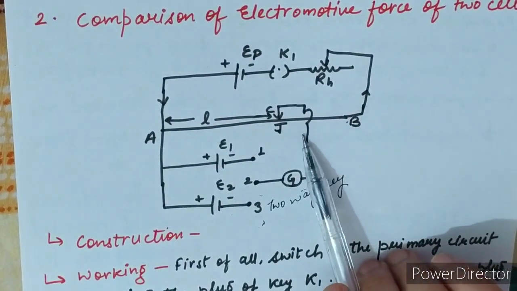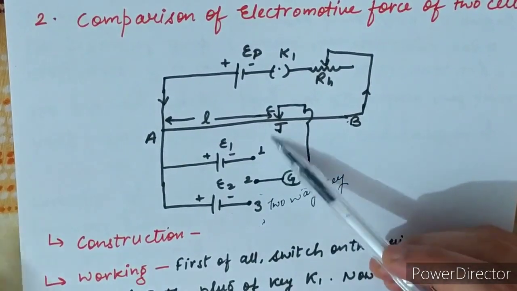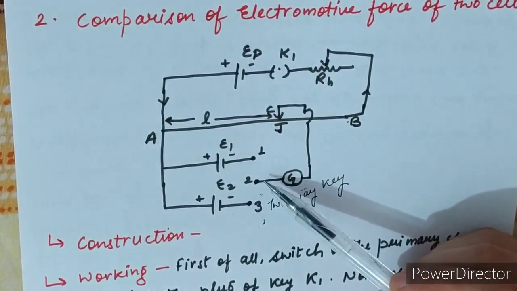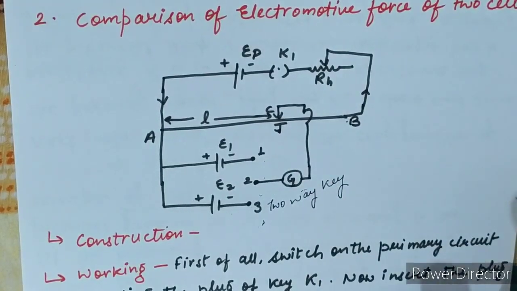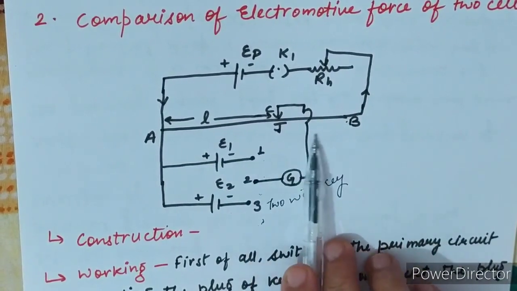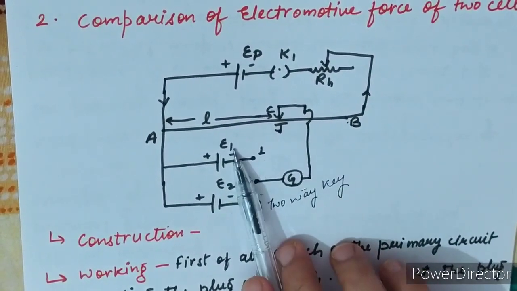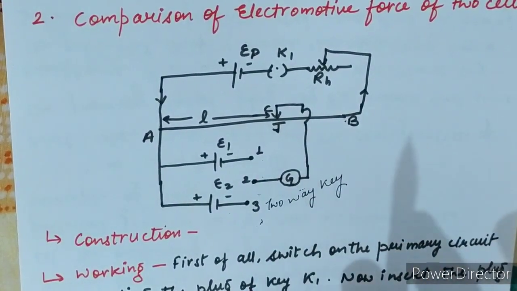Now insert the plug between terminals 1 and 2 of the two-way key, and determine the balancing length L1 by sliding the jockey over the potentiometer wire for the cell of EMF E1. So we get E1 equals XL1.